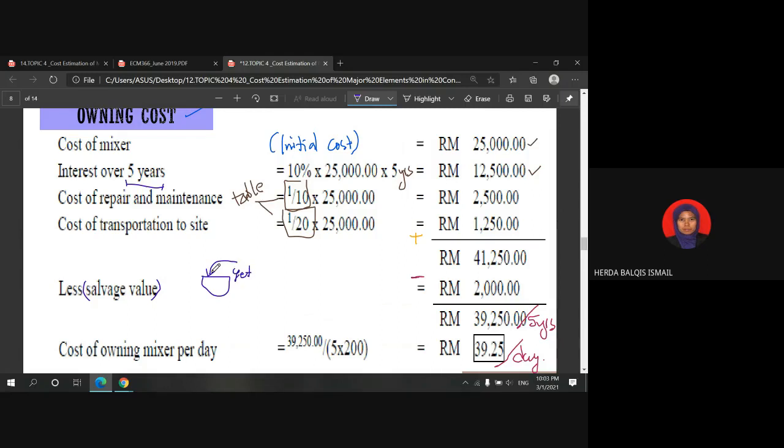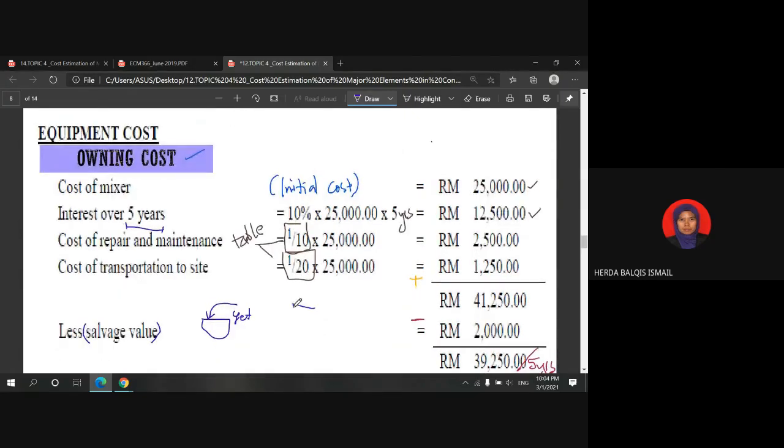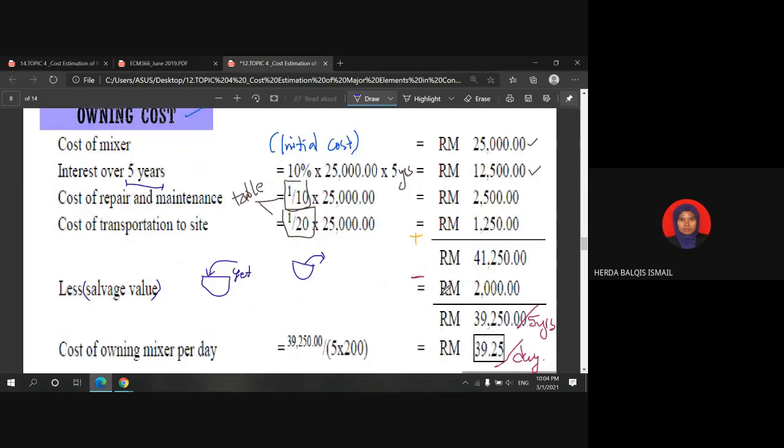But for the purchasing, to own this concrete mixer, they need to spend. So that's why we need to minus this salvage value. Thus, we get the absolute total owning cost for the machine, which is 39,250 ringgit over 5 years.